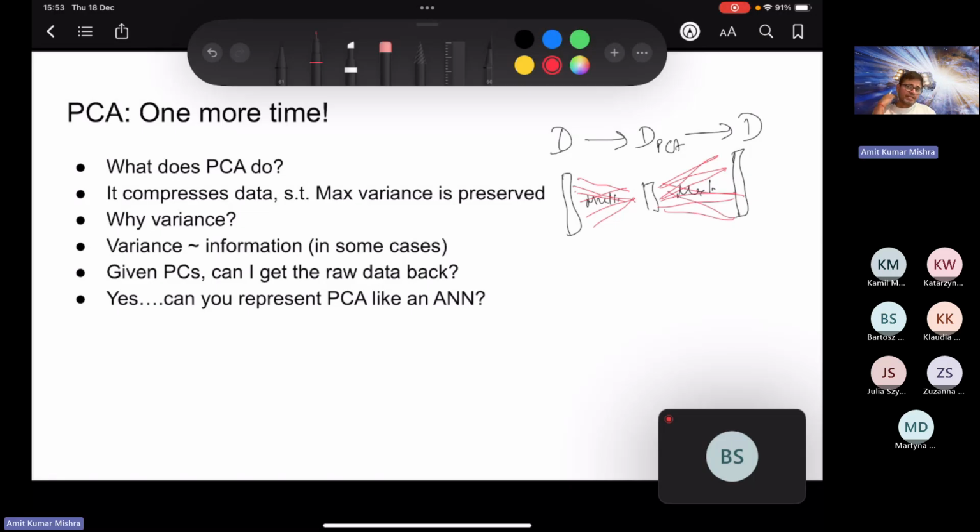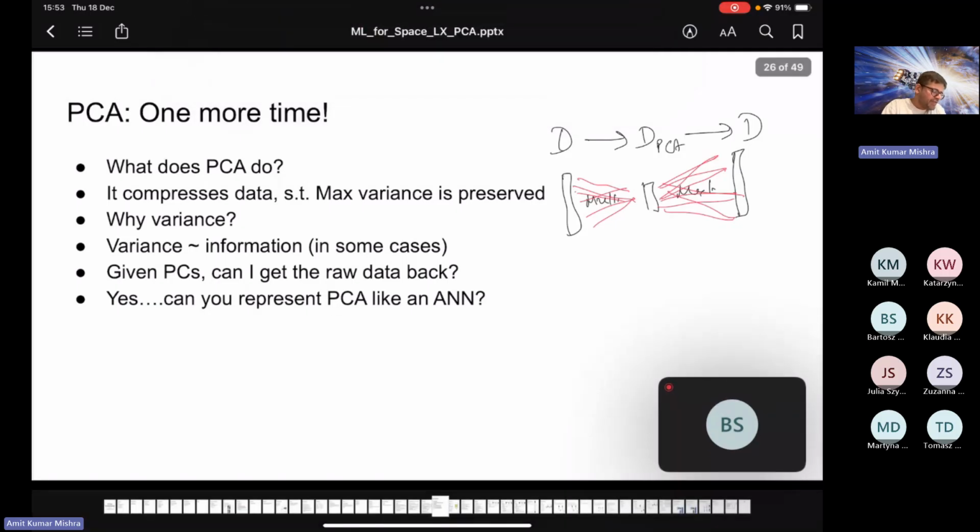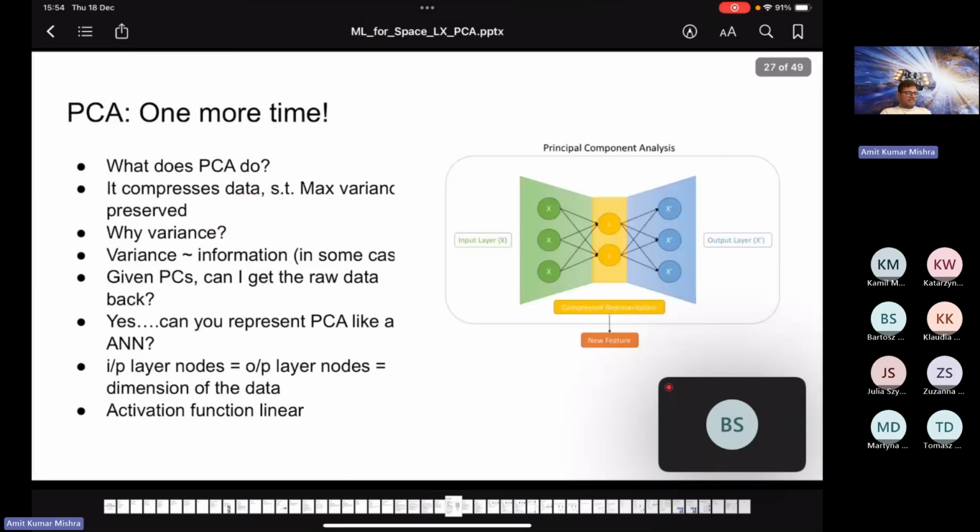So you can actually design a neural network, of course without the nonlinear activation nodes, only linear, and you can design it and train it to do PCA. So that's also possible. And when you do that, it looks like this. You have an input, and then you have a compressed bit, and you have the output.